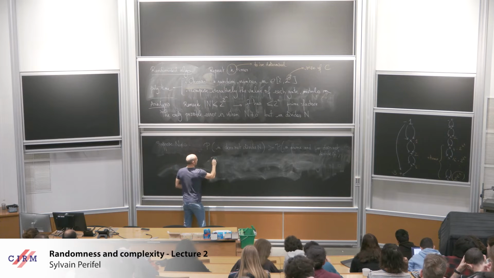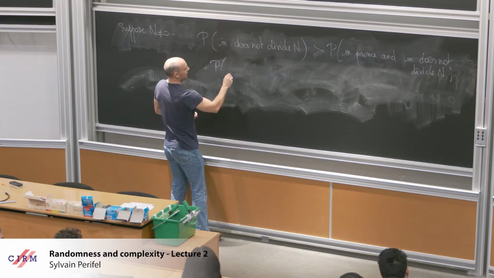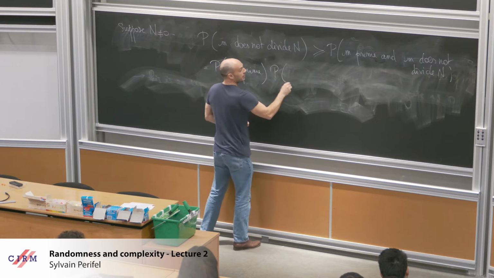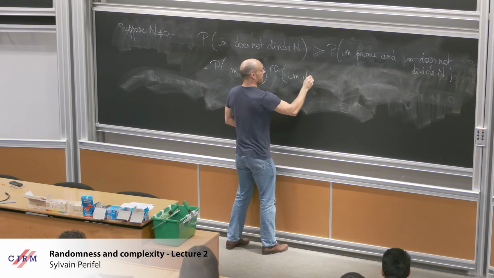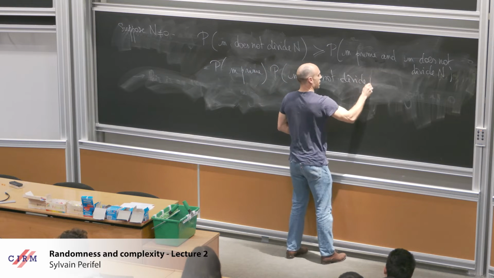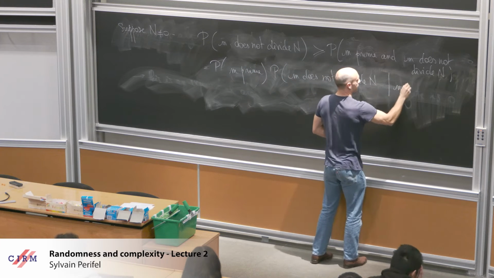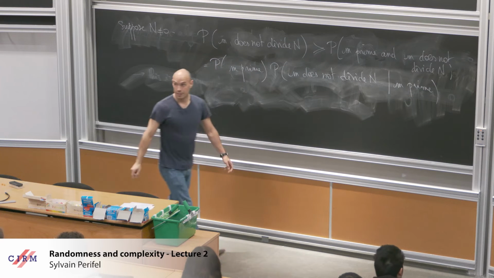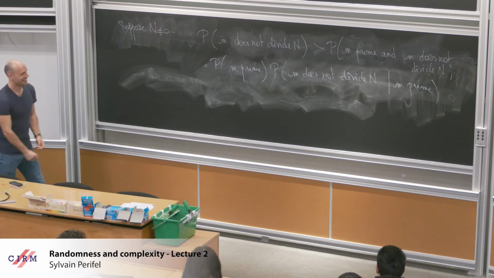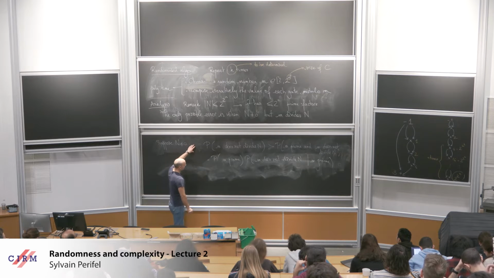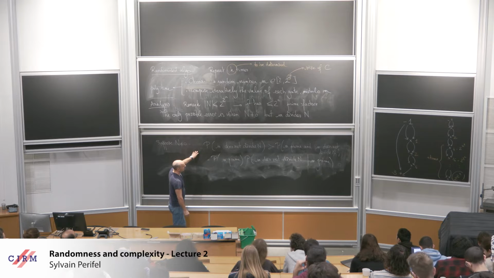And so this is the probability that m is prime times the probability that m does not divide N, knowing that m is prime. Is that better this time? Yeah, I think that's the way I wanted to do it before. Sorry.